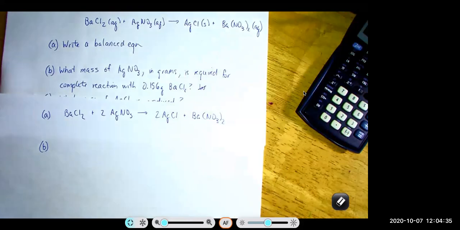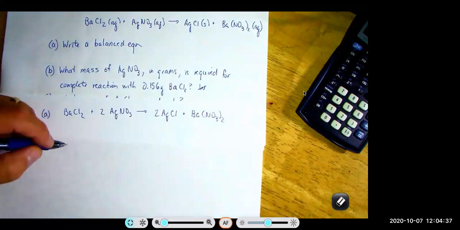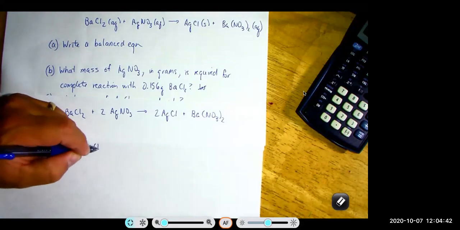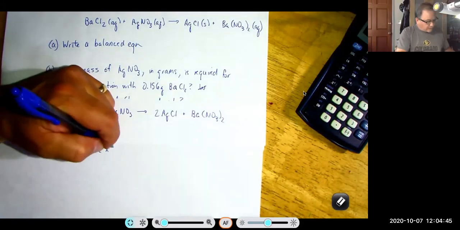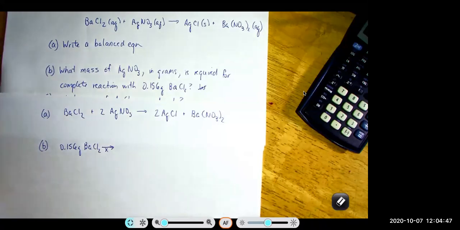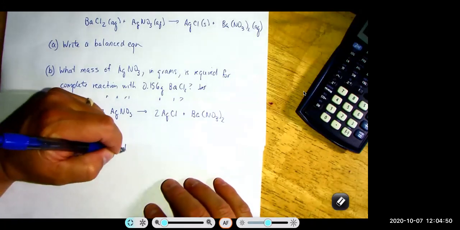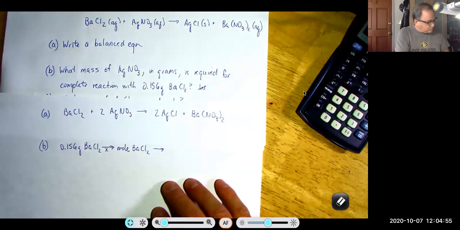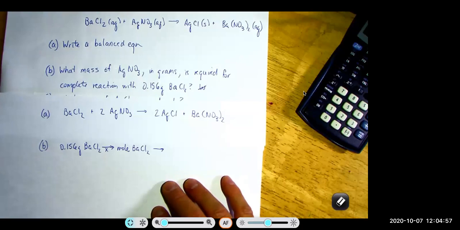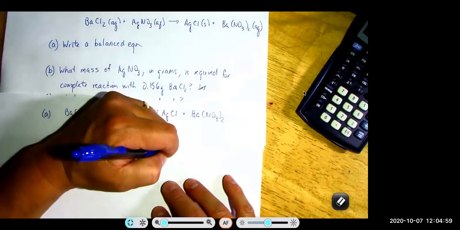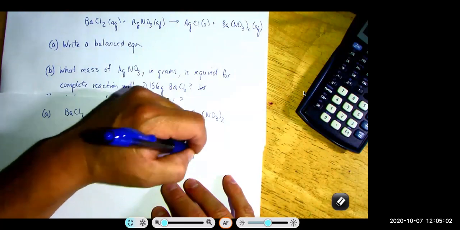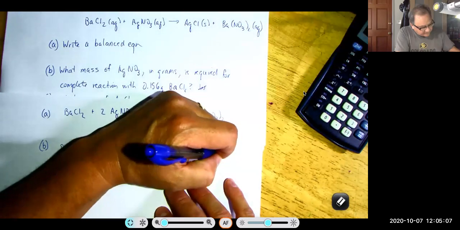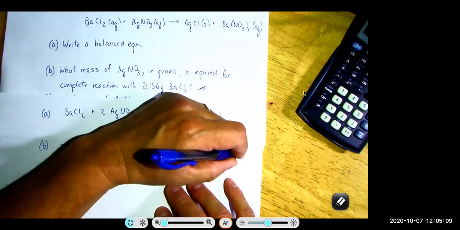Well, you'd first start with 0.156 grams of barium chloride, and then you need to go to moles of barium chloride, and then you need to go to moles of silver nitrate, and then end with grams of silver nitrate.